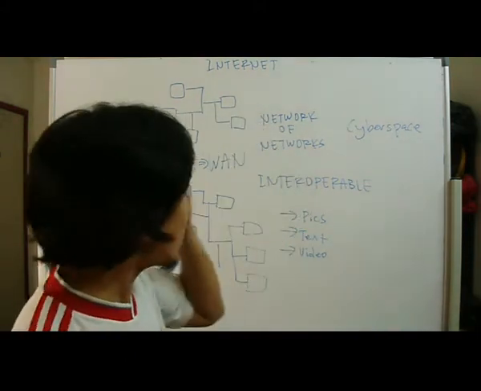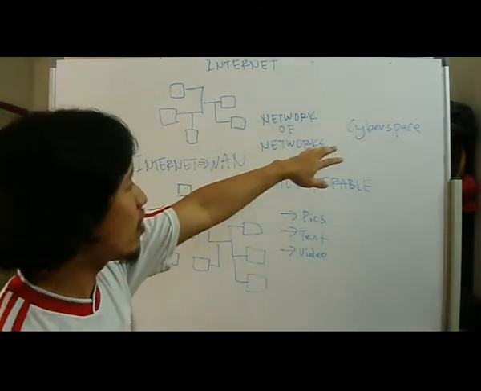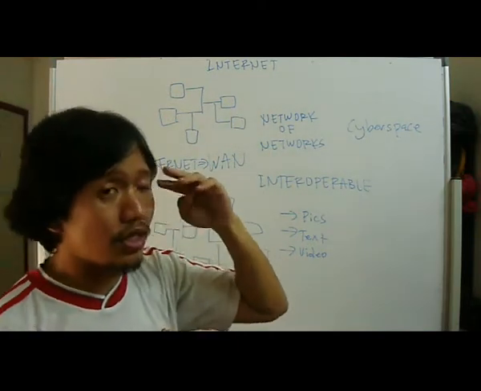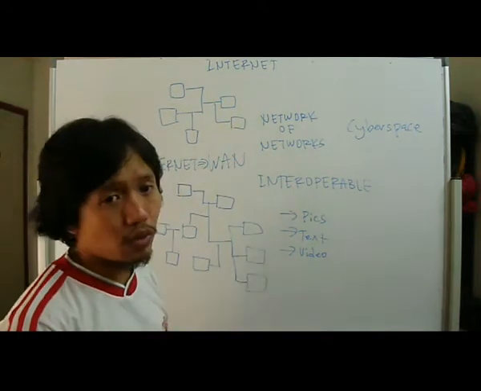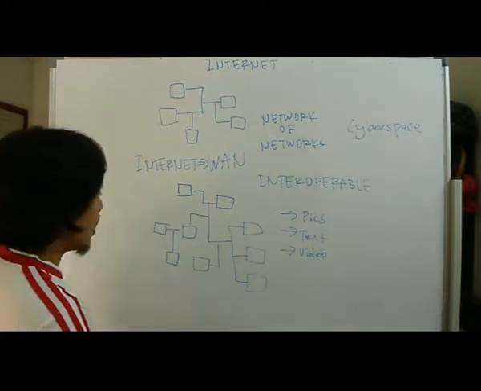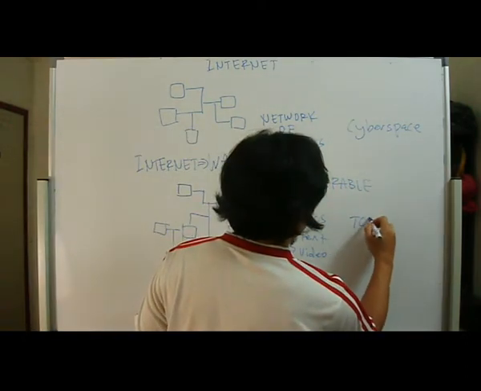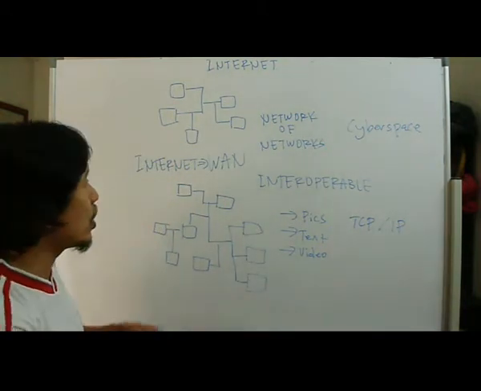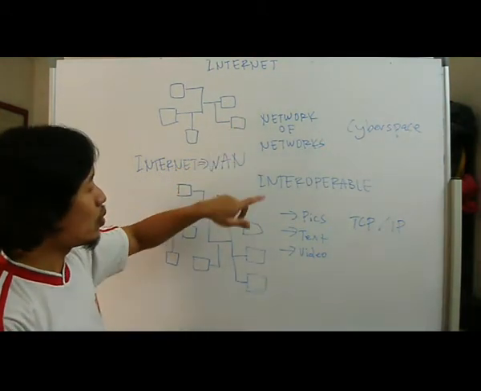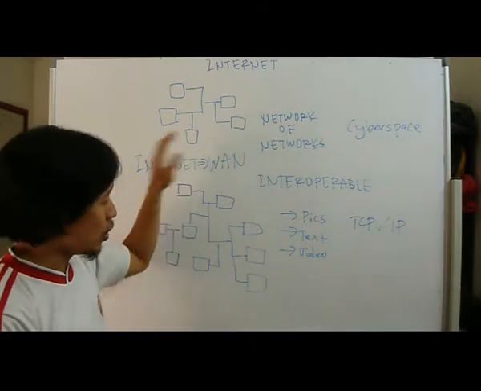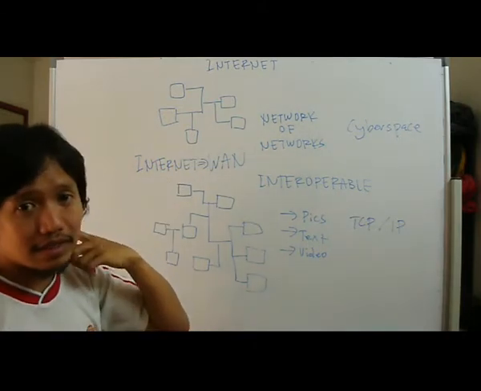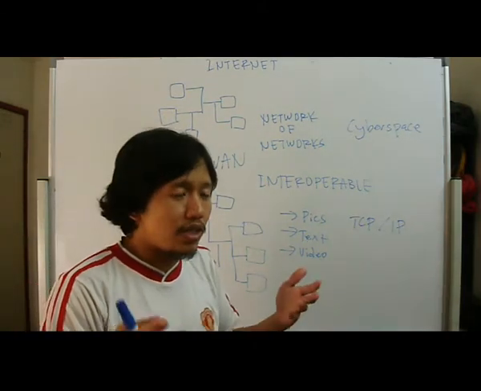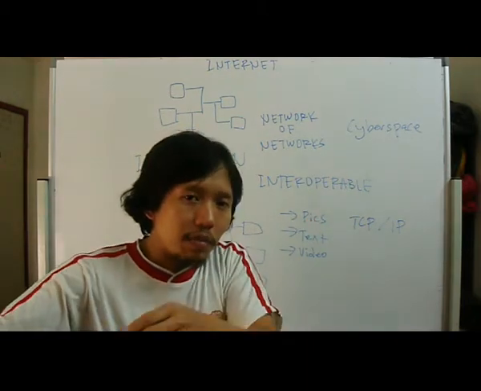But anyway, since it's so vast, we need some kind of system to send data from one point to another. And this system is simply called TCP and IP. Basically, when you use the internet, you send and receive data from one point to another. You might receive a picture, but you won't receive it in one go.